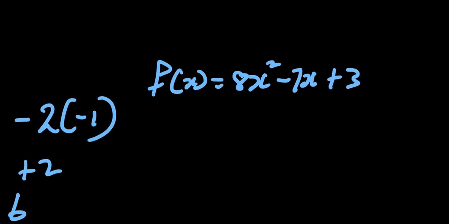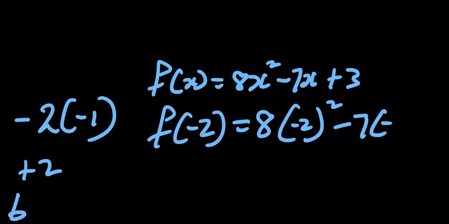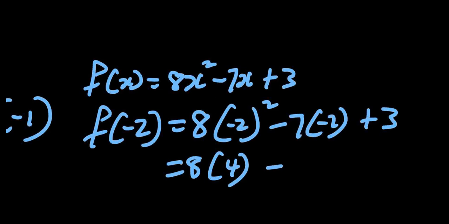So for f of negative 2, this will be equal to 8 times negative 2 squared minus 7 times negative 2 plus 3. And so this will be 8 times 4 minus, negative 2 times negative 7 will give us plus 14, plus 3.